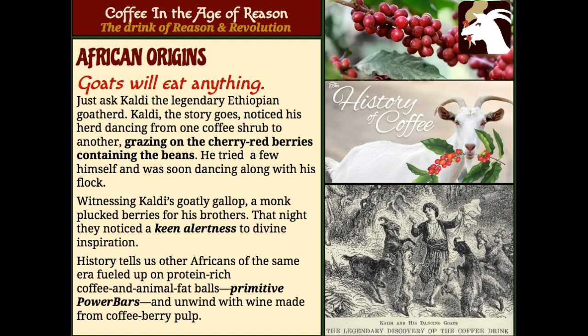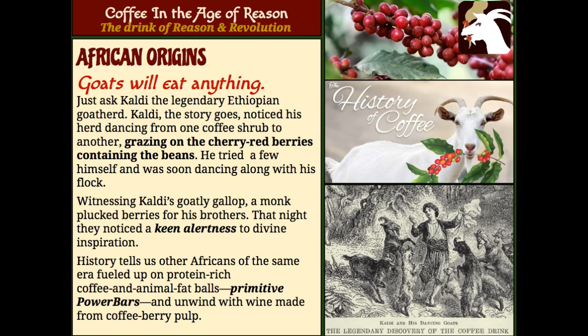When people witness the goatly gallop, a monk begins to pluck berries for all of his brothers, and that night they notice a keen alertness, and they think that alertness is some kind of divine inspiration. So they place some sort of divinity on the cherry red berries and the coffee beans.